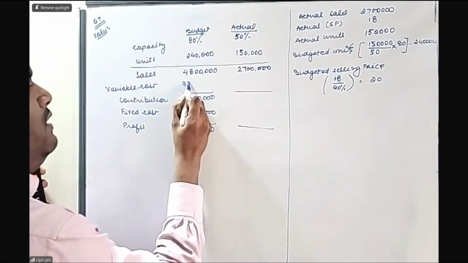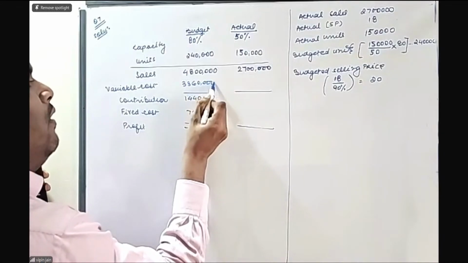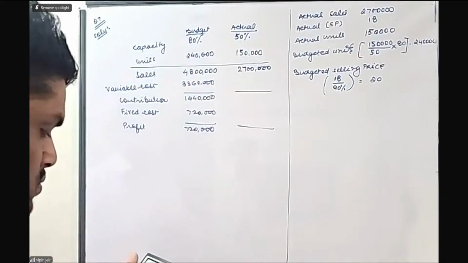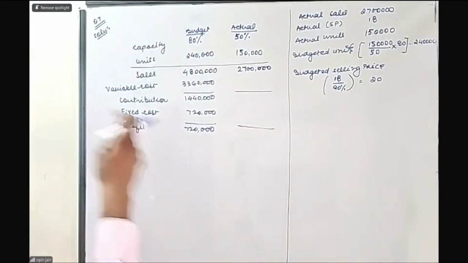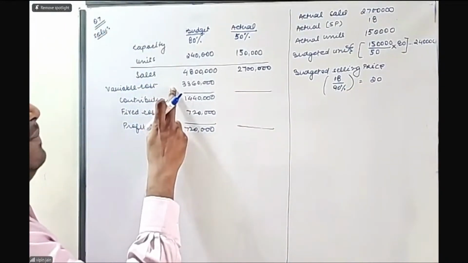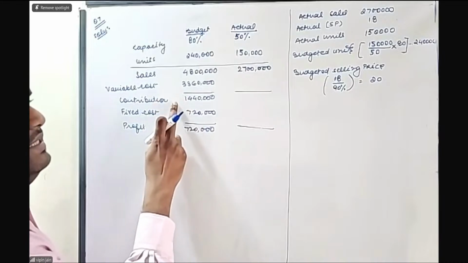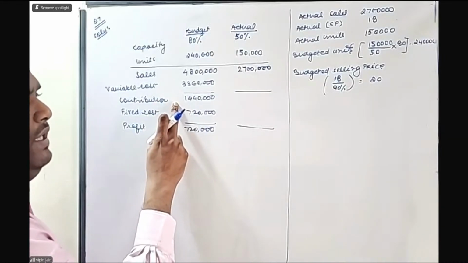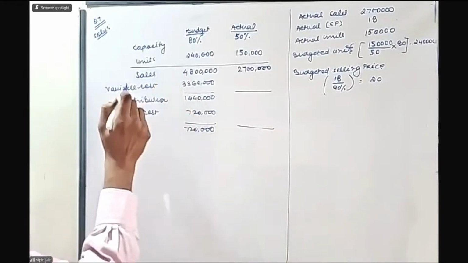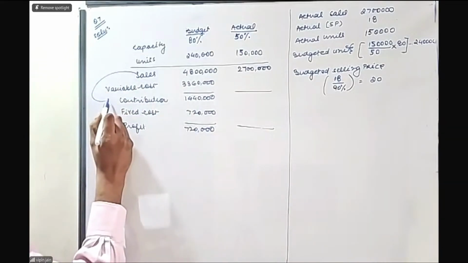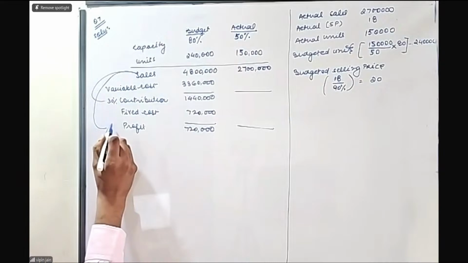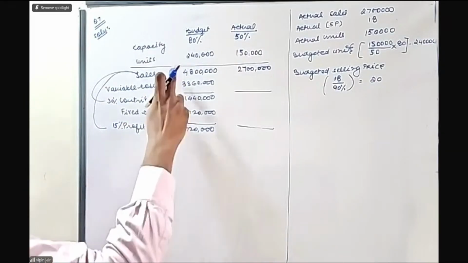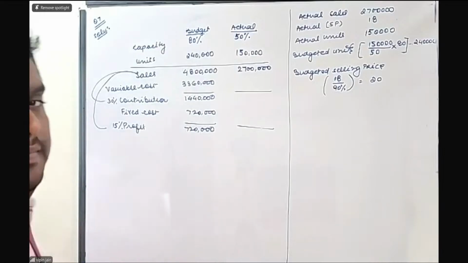And variable cost will be 33,60,000. So my budgeted statement is ready, wherein my sales is 48 lakh, my variable cost is 33,60,000, my contribution is 14,40,000. How come 14,40,000? Sales into 30%. When talking about profit, it is given it is 15%. So 48 lakh into 15%, 48 lakh into 30%.